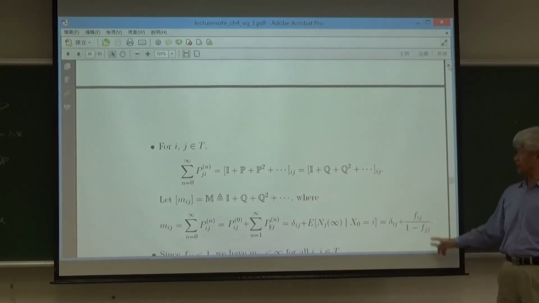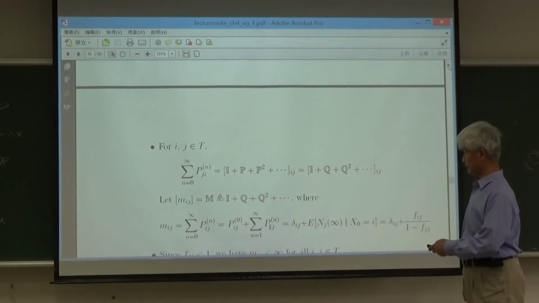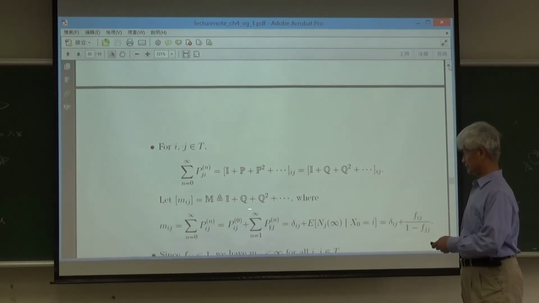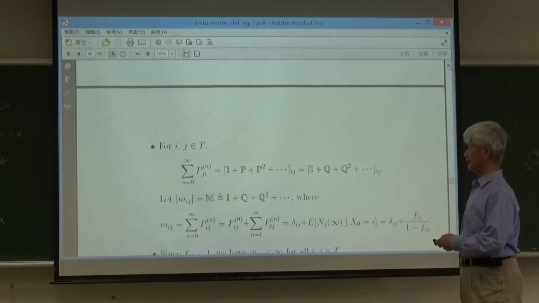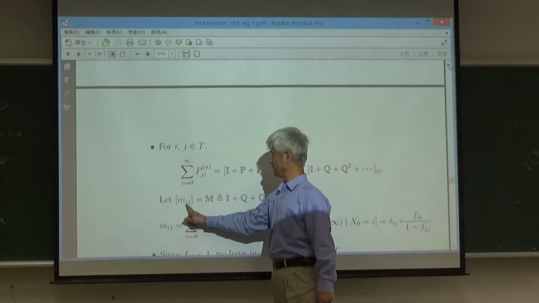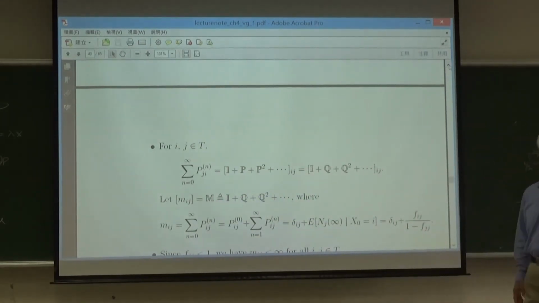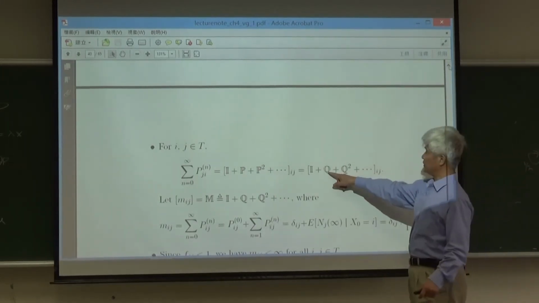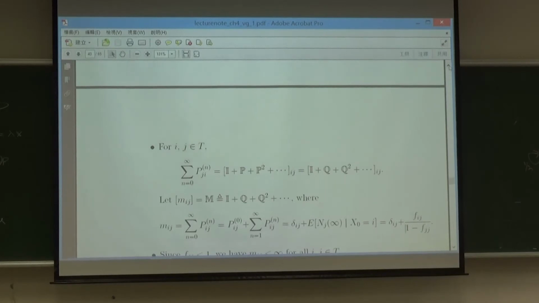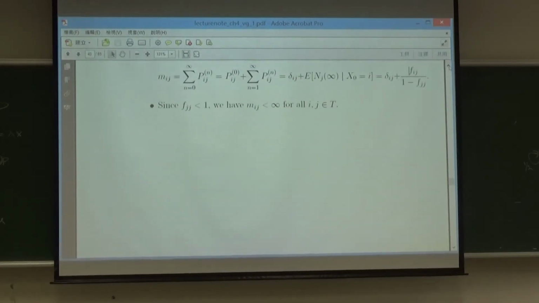So this series, or you can say the power series of matrix Q, has a finite sum, so the matrix has finite entries. Remember, the Q matrix may be infinite dimensional, so it says that we are still able to compute.